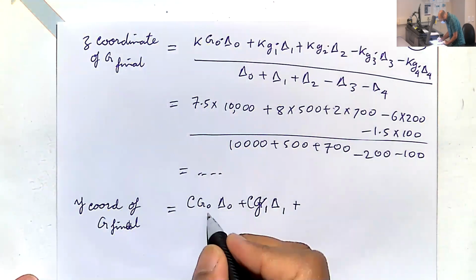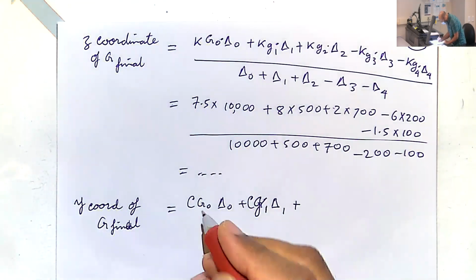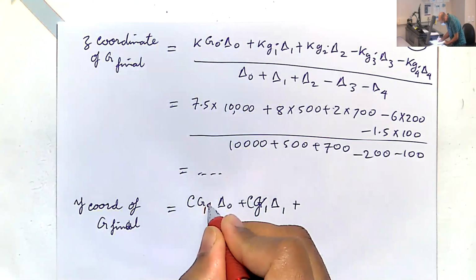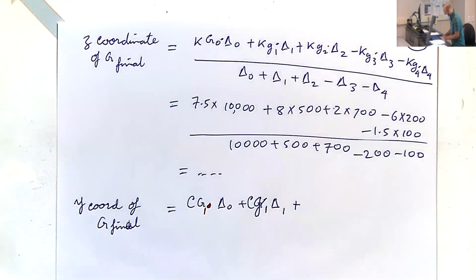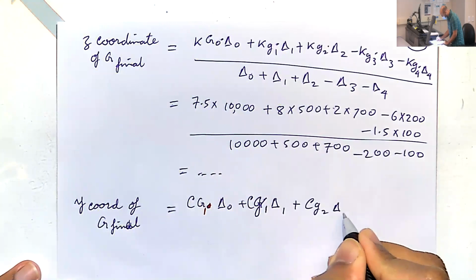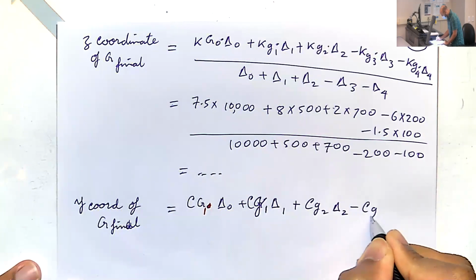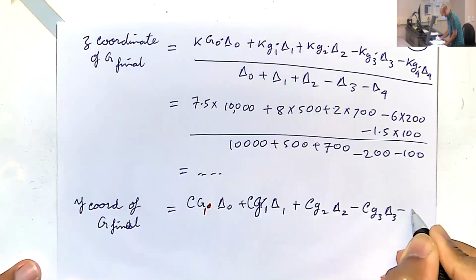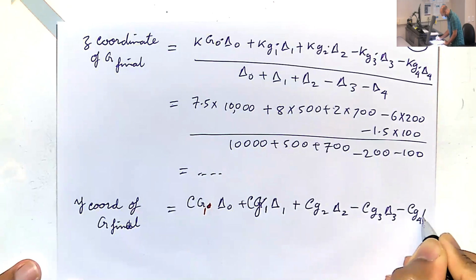So this should be CG1 here. I'll tell you why. So let me write out the full thing. CG2 delta 2 minus CG3 delta 3 minus CG4 delta 4.